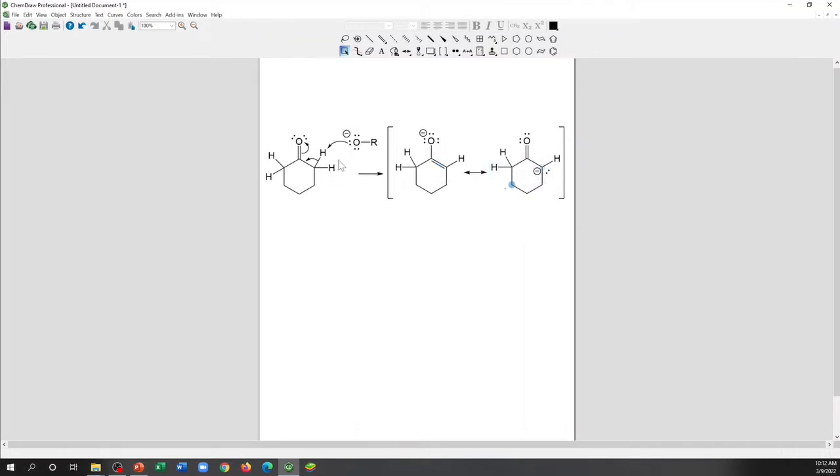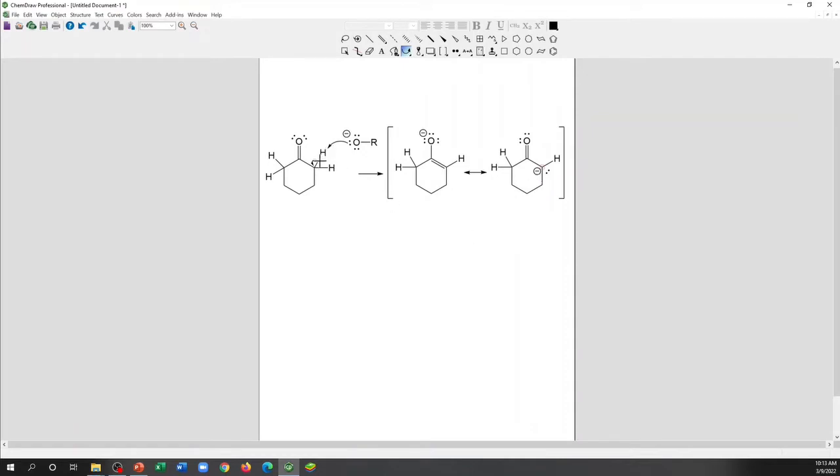So instead of showing the deprotonation mechanism where the alkoxide, or whatever base happens to be, pulls a hydrogen off and drops those electrons down to an alkene to make an enolate, you can also just, and you'll see the textbook does this from time to time, pull the hydrogen off and leave the electrons right here on the alpha carbon. That will produce this carbanion resonance structure. Since both resonance structures are reasonable, you can show the mechanism either way.